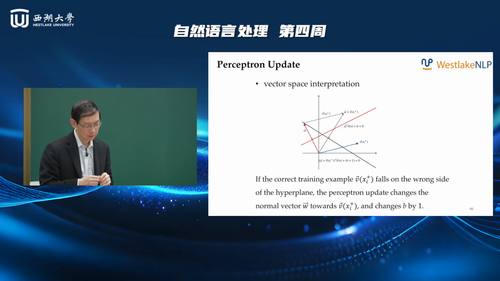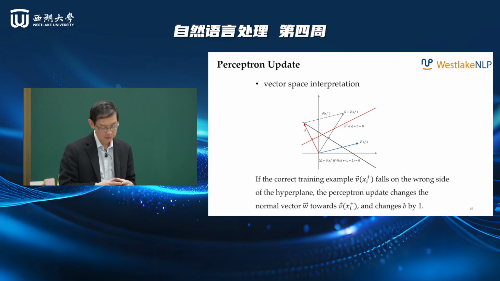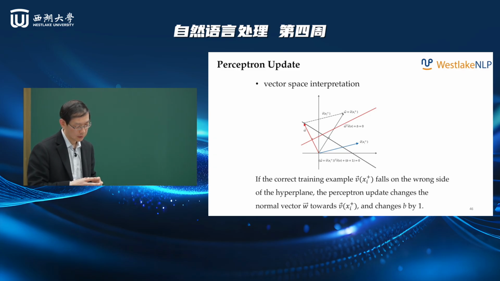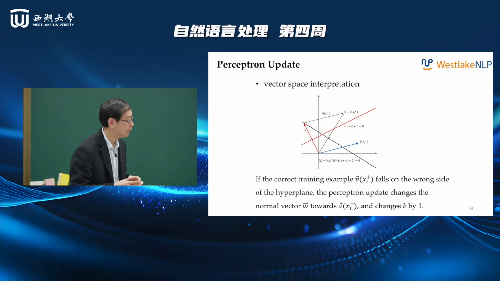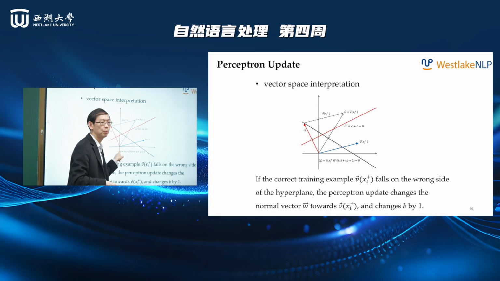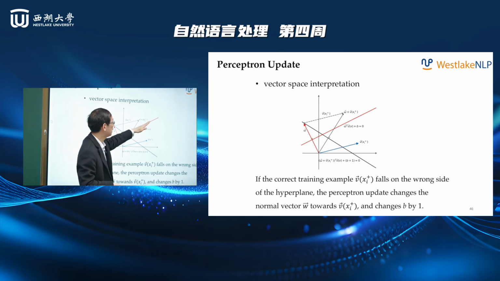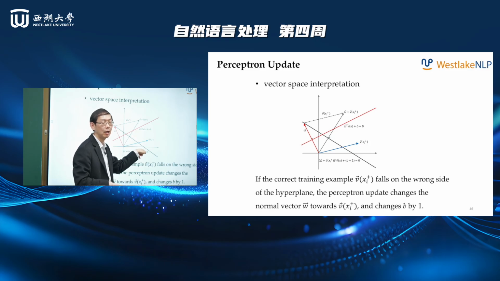This is a picture. Suppose you have one positive training example here, a blue arrow, and suppose originally the separating hyperplane is here. It does the prediction incorrectly: if it's below the hyperplane, it's predicted as negative.